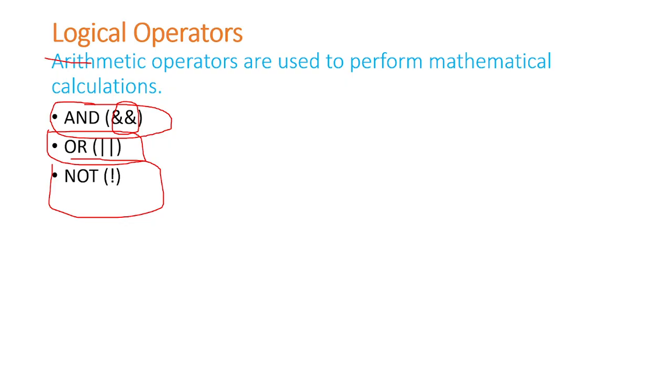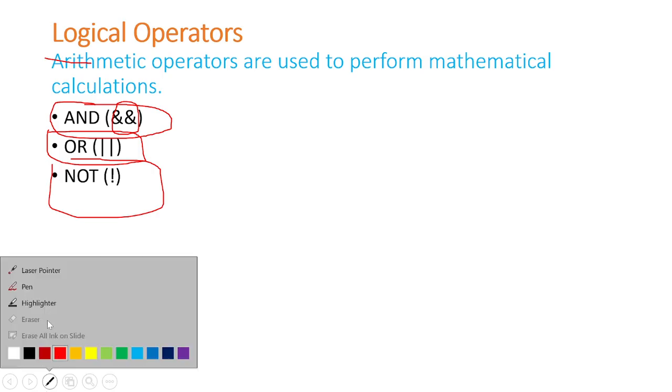Sorry, wait. There are three logical operators we have in C#. Here mainly we need to focus on and, or, not. After seeing this, you may think about electronics and communication. The definition is not correct here. I'm very sorry about this.